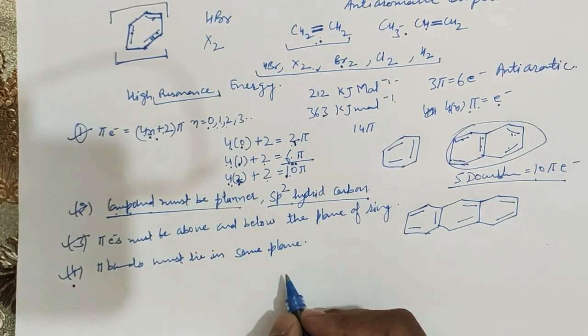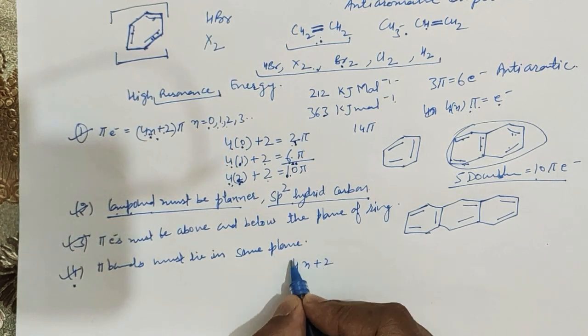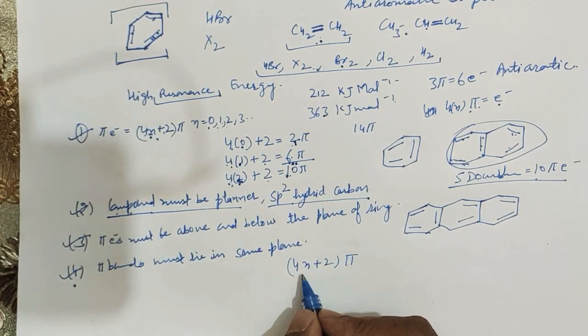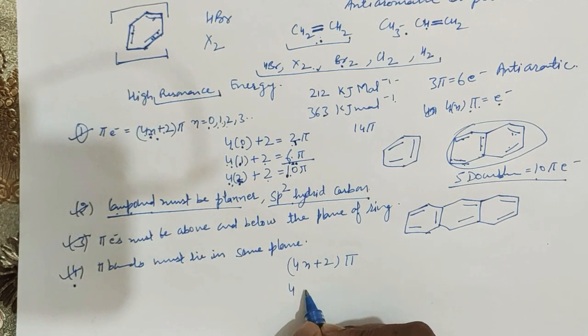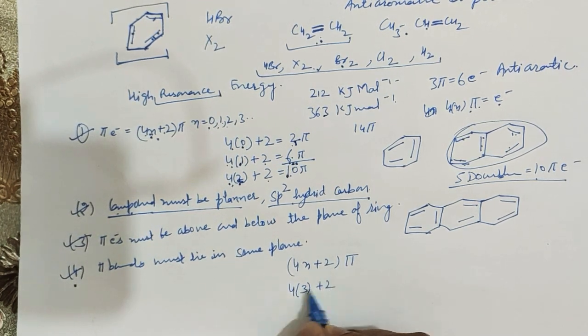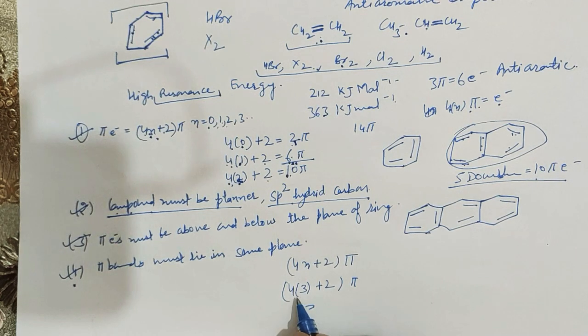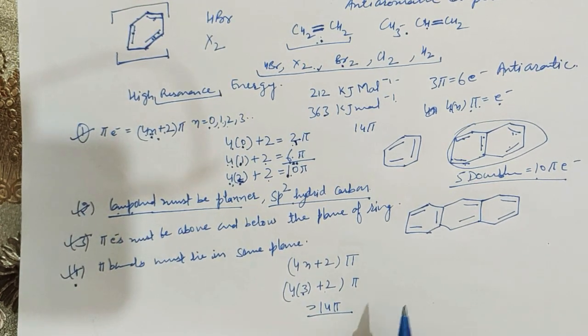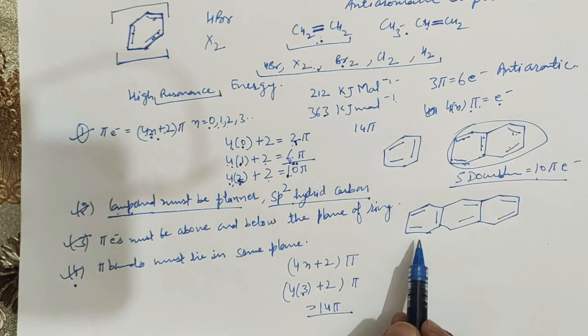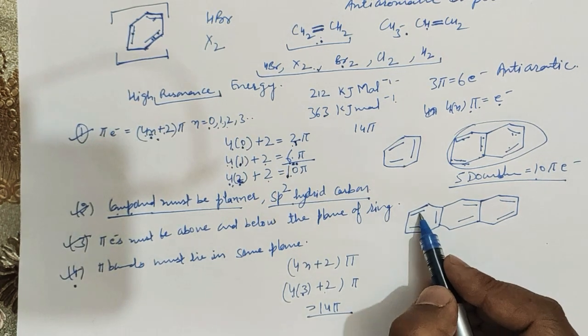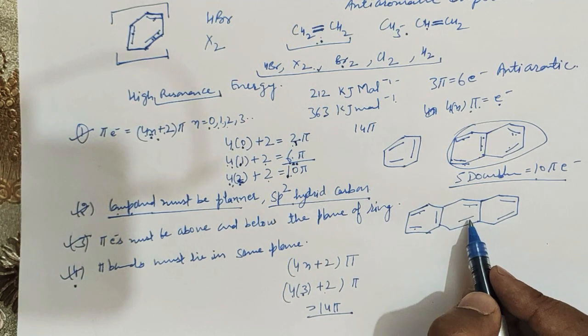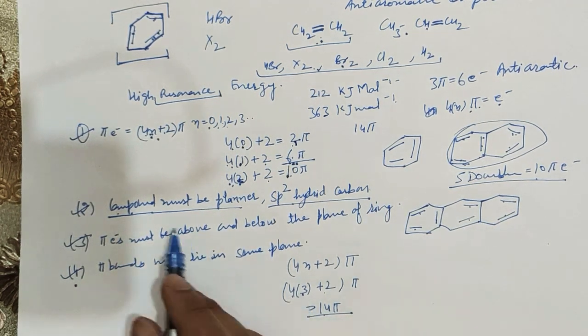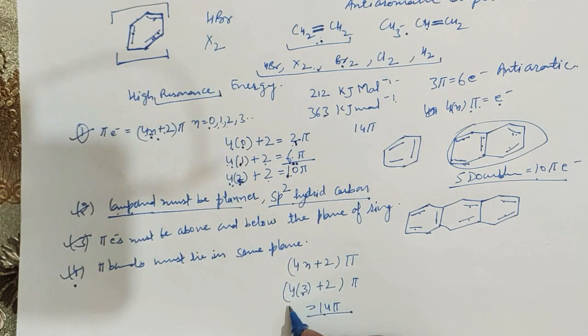If you put the value of 4n plus 2 pi, and n is 3, then it comes out to be 4 into 3, 12, plus 2, 14 pi electrons. So let's count, are there 14 pi electrons present in this compound? 2, 4, 6, 8, 10, 12 and 14. So the first condition is fulfilled, that there are 4n plus 2 pi electrons when the value of n is 3.